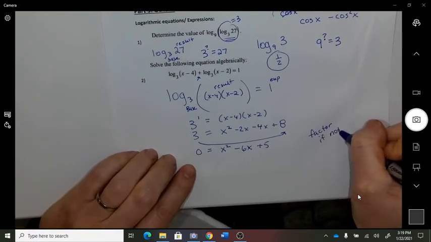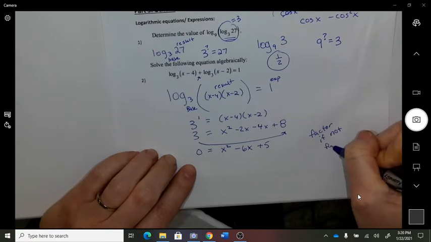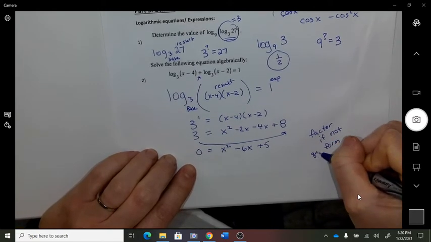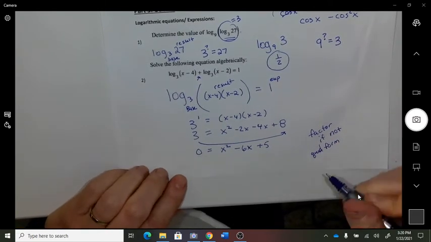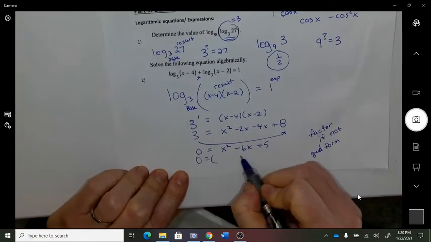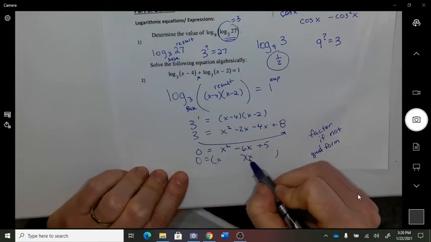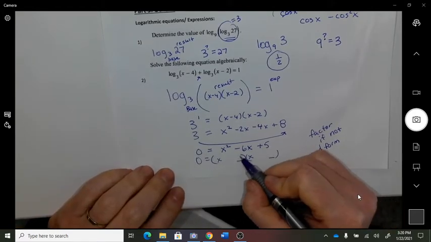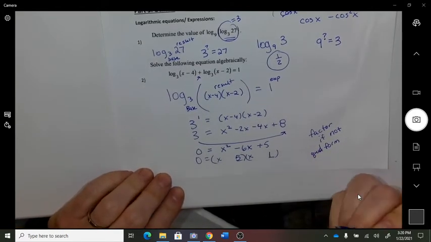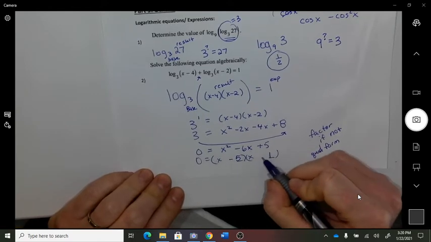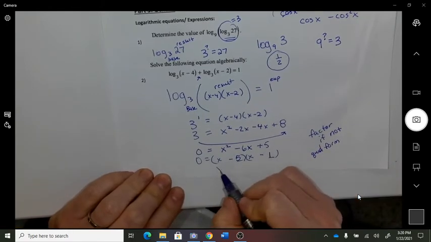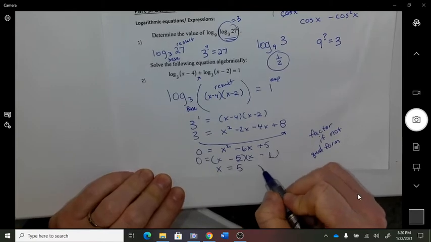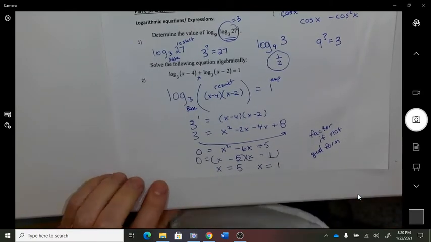If it's not factorable, I do the quadratic formula, right? So let's try here. Multiplies to 5, needs to make negative 6. So that would work. So x equals 5 or x equals 1.